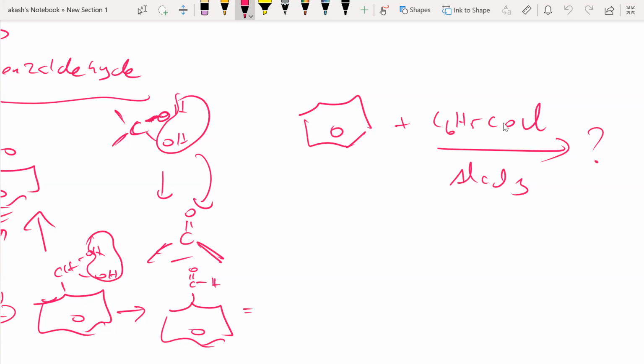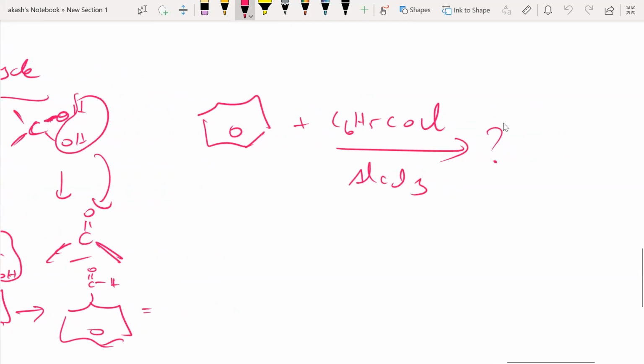What reaction is this, people? What type of reaction is this? Friedel-Crafts acylation. Good. So all these are electrophilic substitution reactions, right? This compound, if I write it properly, is nothing but C6H5, that is a benzene ring with COCl.